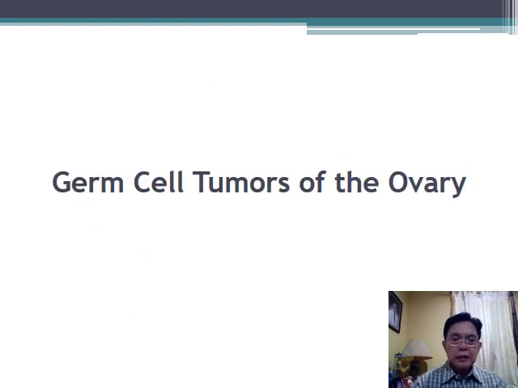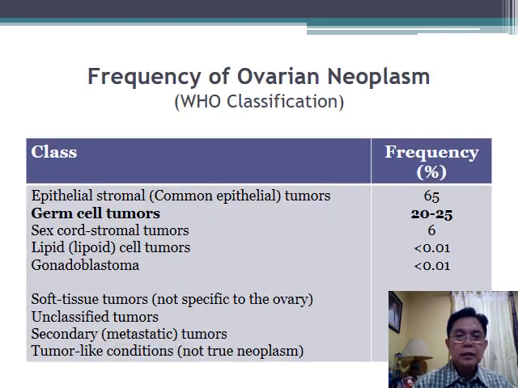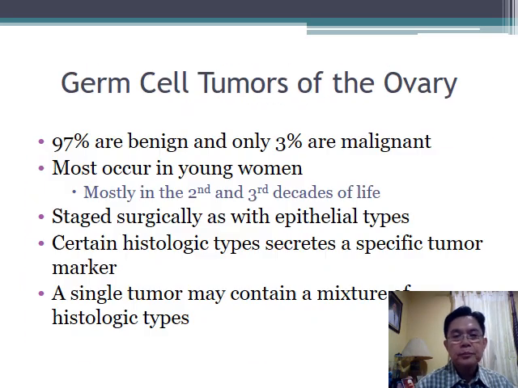So that is about epithelial ovarian tumors. Now let's go to germ cell tumors of the ovary. Among ovarian neoplasms, germ cell tumors constitute about 20 to 25% of all ovarian neoplasms.